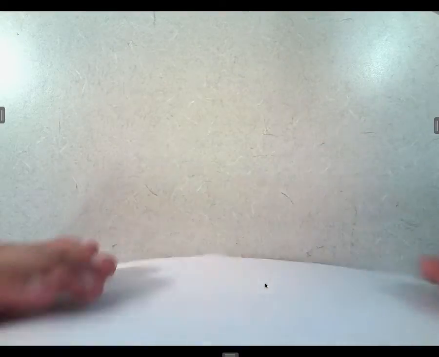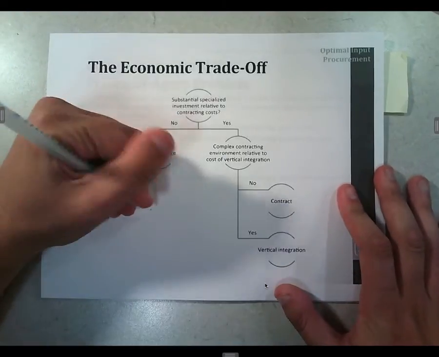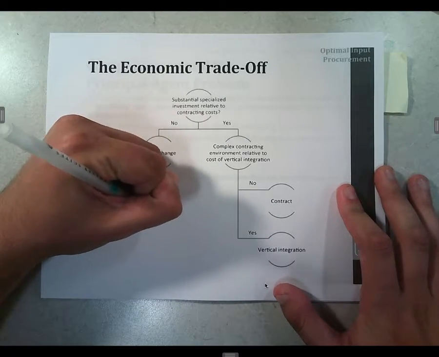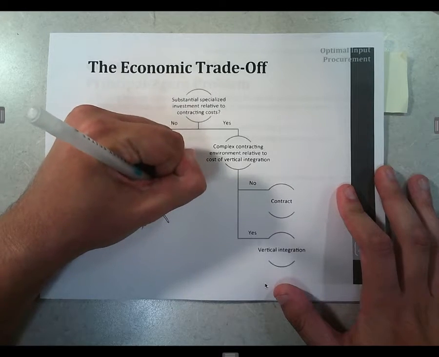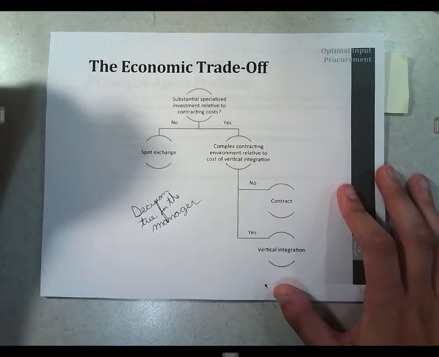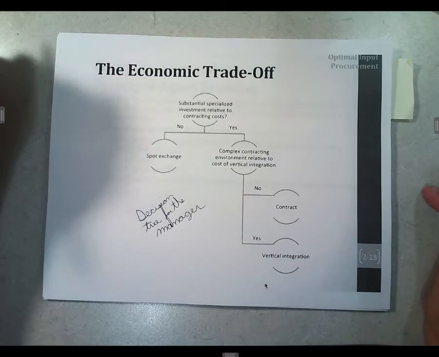So here's our trade-off then. This is the decision tree for the manager. A very useful slide for your life after university.